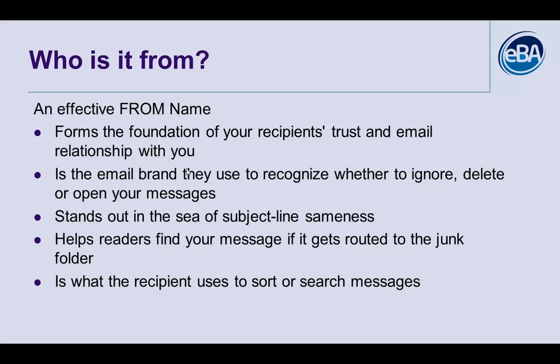The from name is the email brand they use to recognize whether to ignore or open. That is what I basically explained. Stand out in the sea of subject line sameness. What does that mean? Now these days, you may be getting hundreds of emails. For example, I may be getting nearly 200 emails, my personal emails and sales emails and promotions and social media emails and everything.